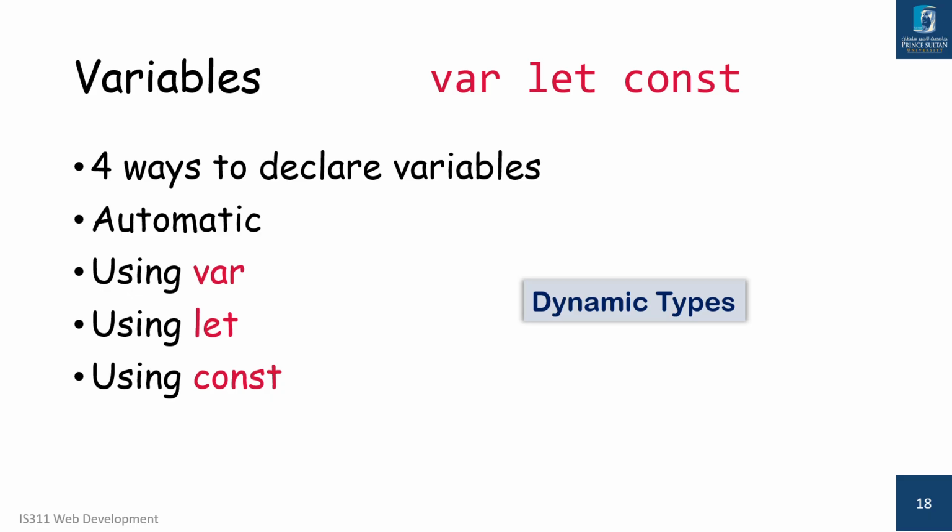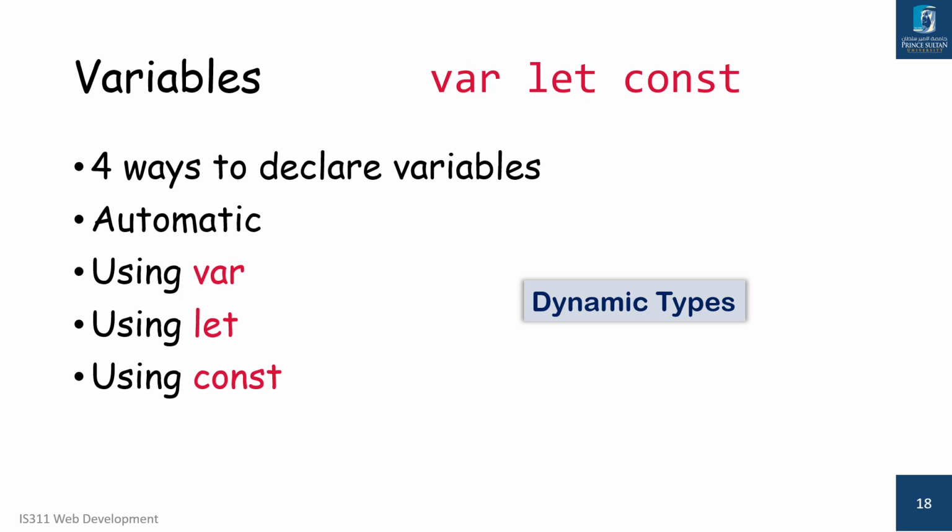Then it means the type of that variable is a number, an integer value, 23. And then in the next statement, I say x is equal to the string Abbas. Then it will say, okay, no problem, I can handle that. Now it will change the type of that variable from number to a string or text type. Understand? So dynamic typing. There is no fixed typing, just like Python.